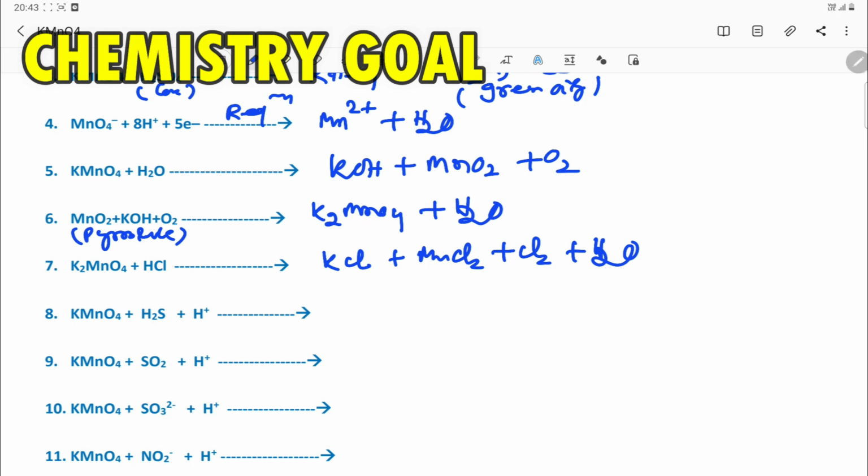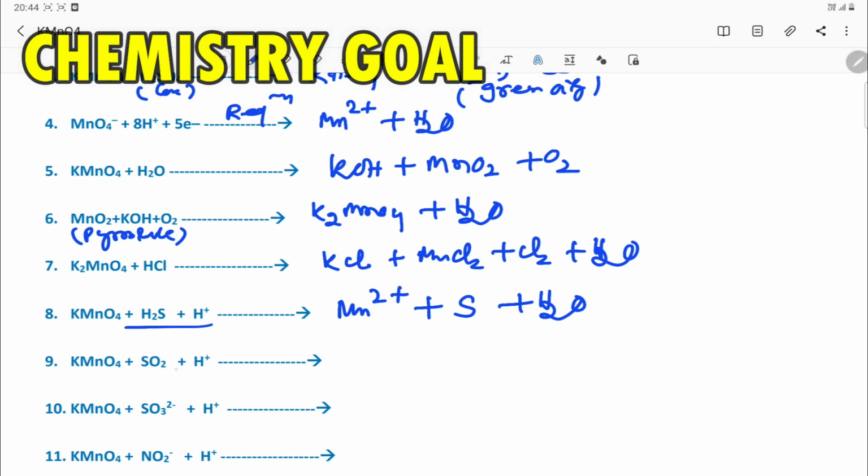Potassium permanganate reacts with hydrogen sulfide in acidic medium. It converts to manganese ion, and H2S is oxidized to sulfur, with water. This is the important reaction of potassium permanganate with H2S in acidic medium.